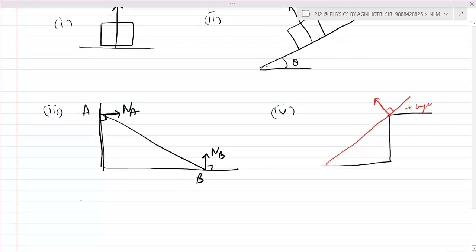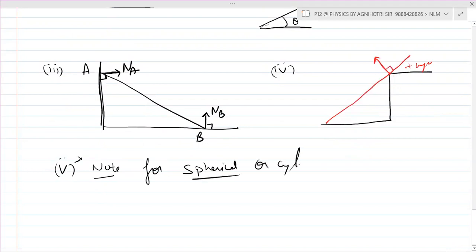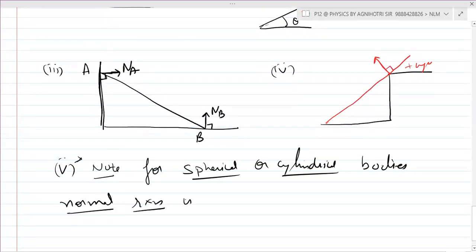One more example is there. Just note it in this example too. The point to note for spherical, or we would say cylindrical bodies, is that normal reaction is always radial.